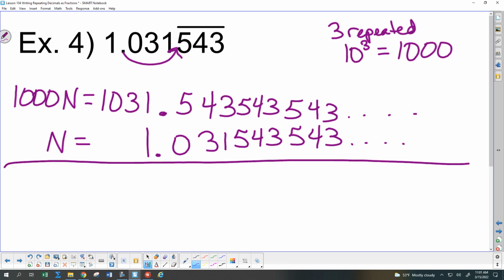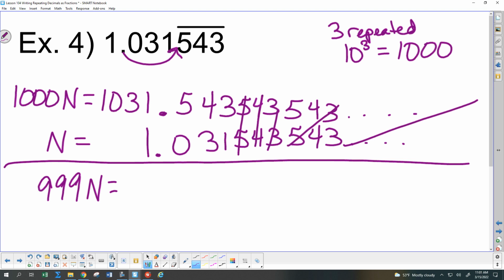What do I have on the left when I subtract the 2 rows, Pascal? 999n is. All of these 543s cancel out. These 543s cancel. So do these. 3 minus 1, everybody. 4 minus 3. 5 minus 0.